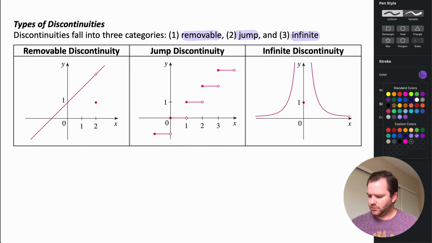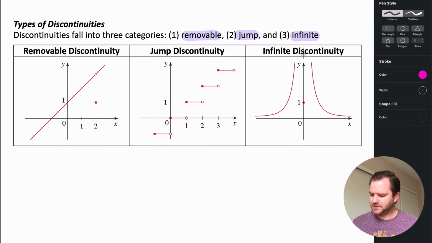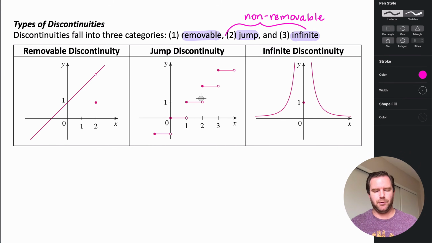Now, one thing to note is we can call the jump discontinuity and infinite discontinuity non-removable. These are non-removable because we cannot just simply redefine our function at the point where it's not defined to fix the discontinuity.